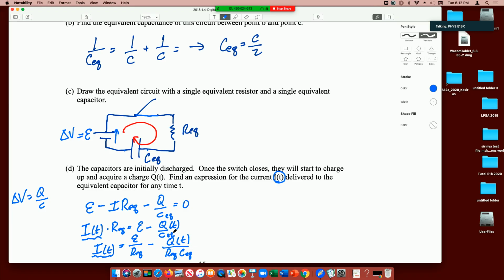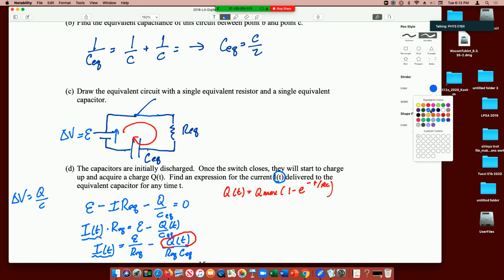Okay, now all I have to do is substitute this Q of t for the function that I already know from two weeks ago. This is the charging equation: Q max times 1 minus e to the minus t over RC. Does anyone remember what we called RC? The time constant, right?